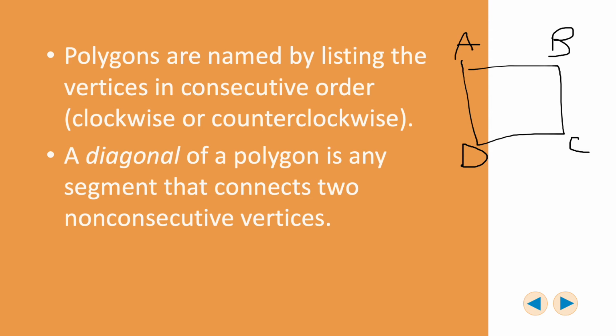It has to go in an order. So we would go in this rotation. You can go in the other way as well, but since that's in alphabetical order, it kind of helps to go that direction. And then while we're at it, I'll go ahead and draw a diagonal. Oh, that was terrible. We're going to pretend it connected this vertex with the opposite vertex. They are not consecutive.